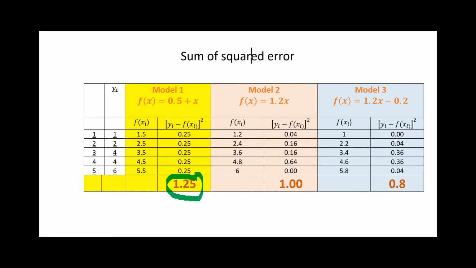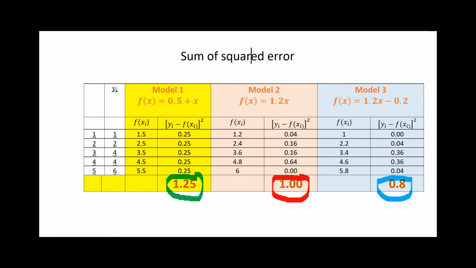For model 1, f of x equals 0.5 plus x, the sum is 1.25. For the model f of x equal to 1.2x, the sum of squares of these errors was 1.00. And for the model f of x equals 1.2x minus 0.2, the sum of squares of these errors is 0.8.